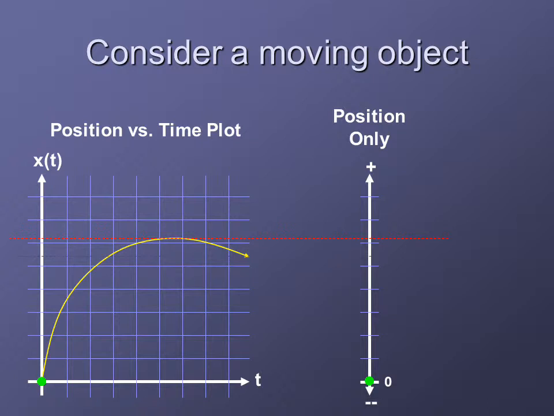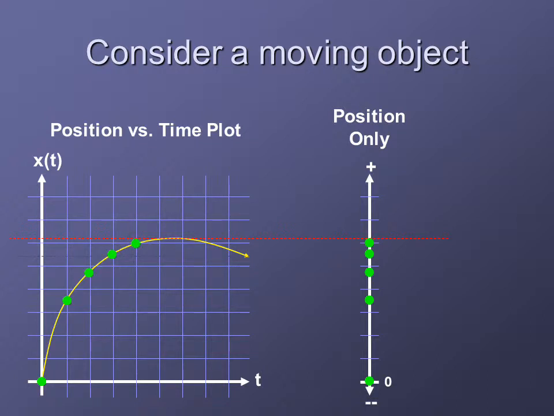Okay, so we throw it upwards, and it moves up a bit to this point, and so time progresses a bit, and position increases a bit. Time progresses a bit more, and position increases a bit more. Time progresses more, position increases more, but not as much. You notice that each increment of time gives you a smaller increase in position.